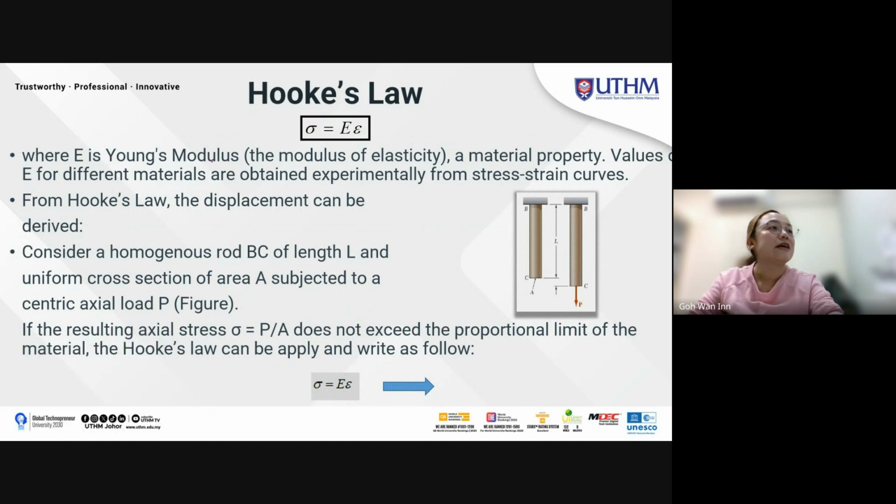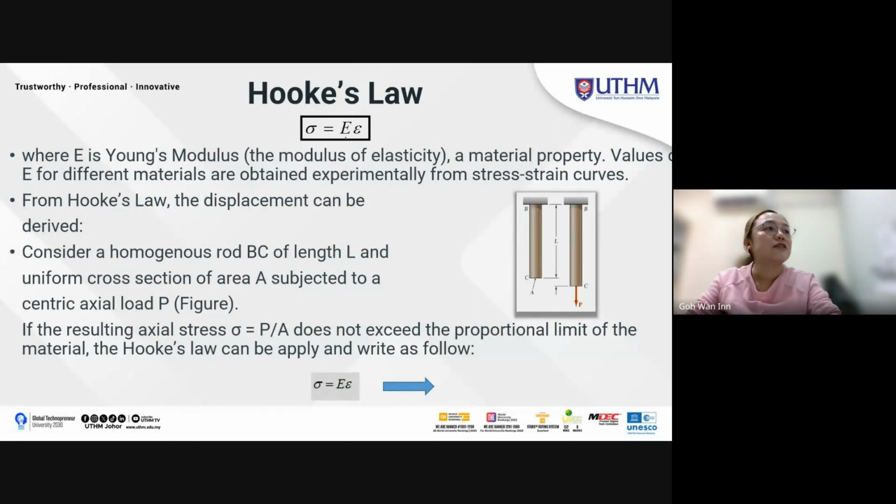E is the Young's modulus, a material property. The value of E is different for different materials and is obtained experimentally from the stress-strain curve. So you can get it from the experiment. Different material, different Young's modulus. From Hooke's law the displacement can be derived.